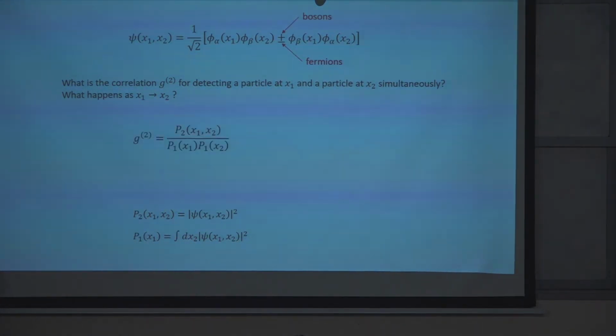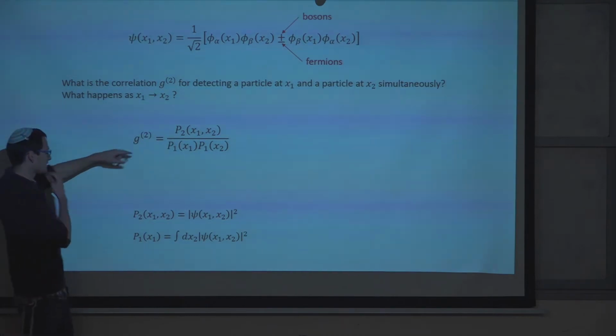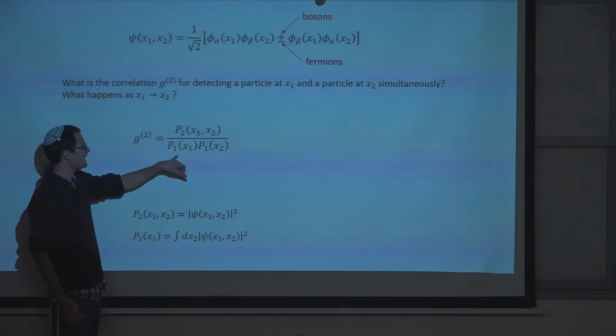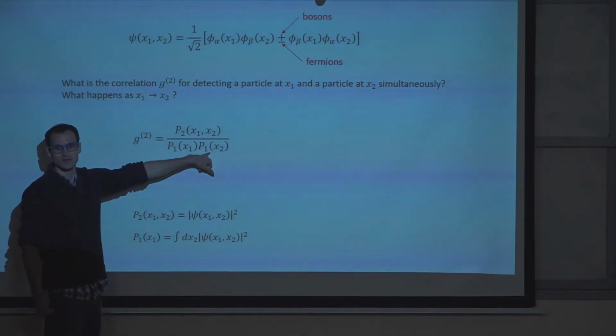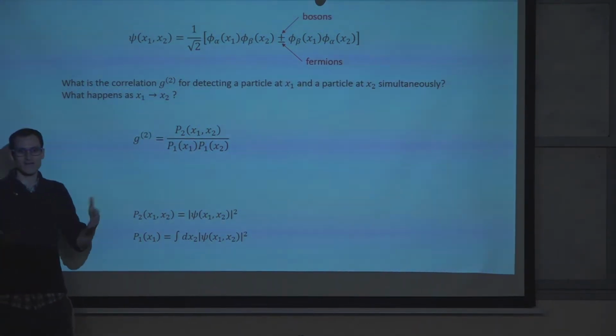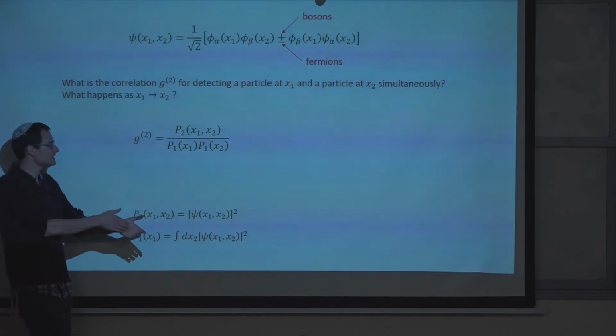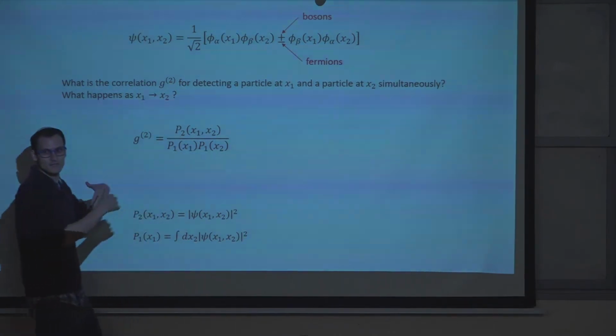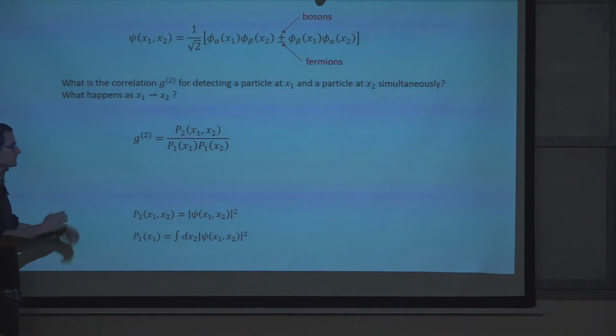The way this correlation function is defined is simply the joint probability divided by the individual probabilities. That's how it's normalized. Otherwise, obviously, if you have more particles, there's a high probability of finding it at a certain place. This way I normalize it by the probability of finding a particle, and you lose these effects.